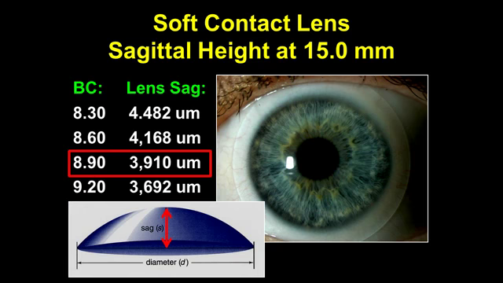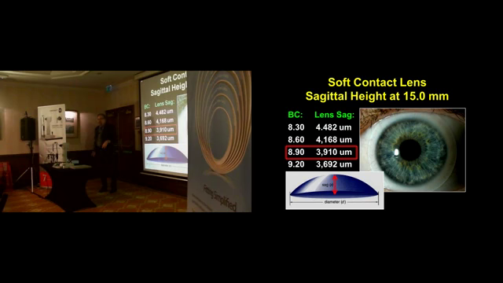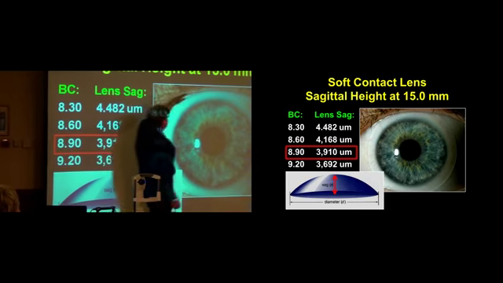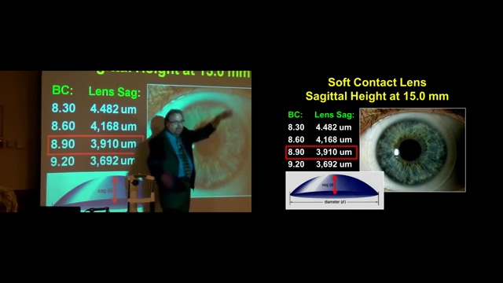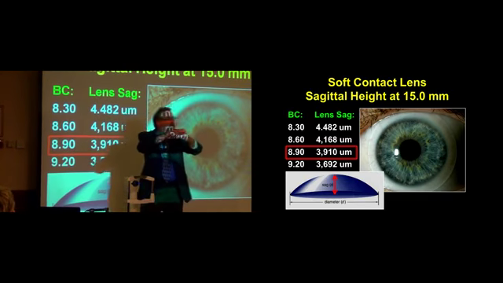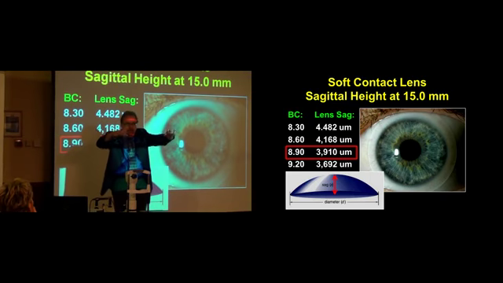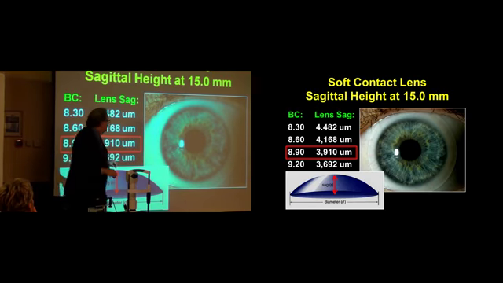Now, why did I say it's similar to fitting a soft contact lens? Because fitting a soft contact lens is fitting by sagittal height. That is, if you take an 8.3 lens with a 15 millimeter diameter, granted it's bigger, but I wanted to make it the same as the resting area of a scleral contact lens.